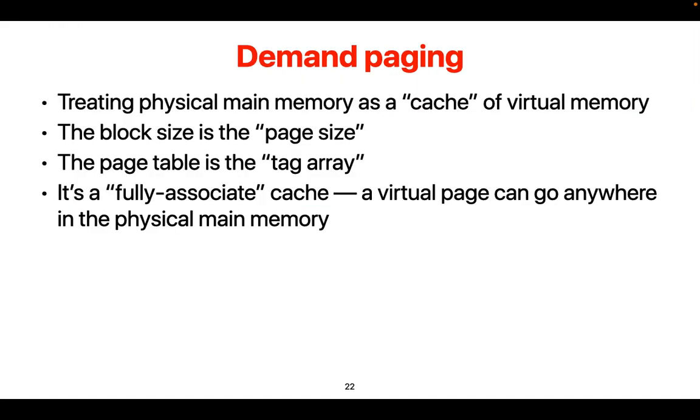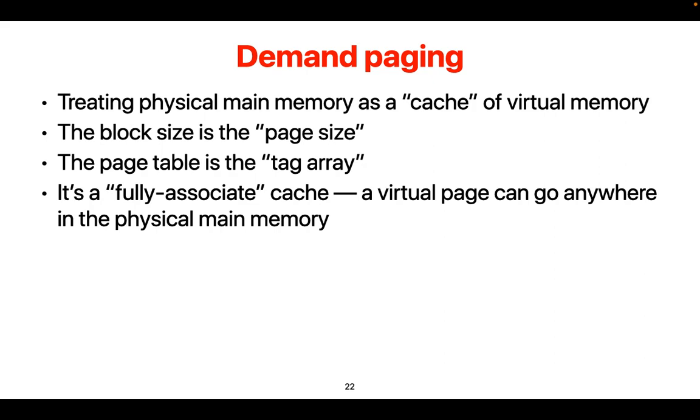This idea is called demand paging, because we only load a page into your main memory when the data is on demand. And you can consider the block size is now the page size, and the page table acts like a tag array. So it's essentially a cache of virtual memory. And you might ask me about the associativity, right?